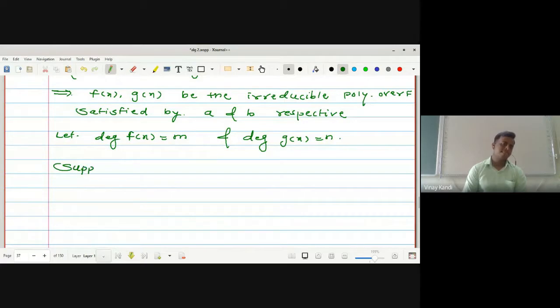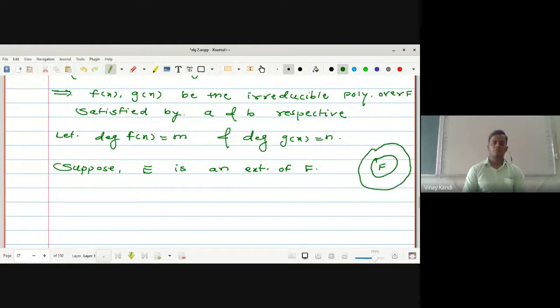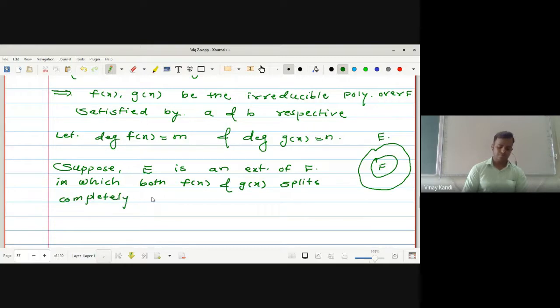Suppose E is an extension of the field F in which both f(x) and g(x) split completely.